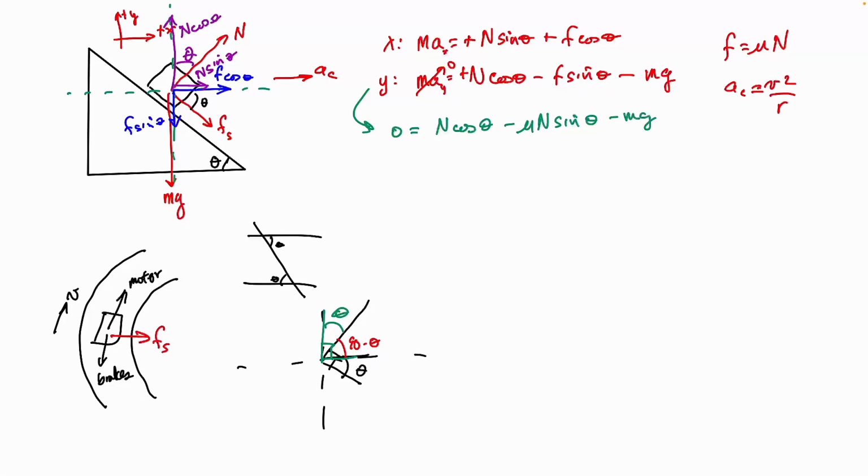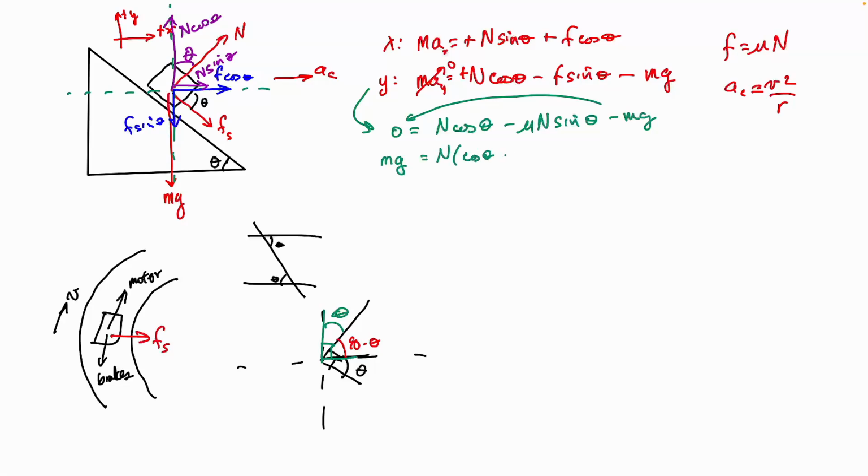Let's move mg over to the other side of the equal sign, which makes it positive. And then I've got two terms that have the normal force in it. So what can I do with the normal force? Factor it out, get it just one of them.